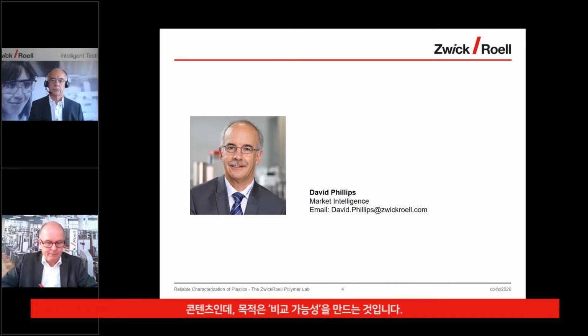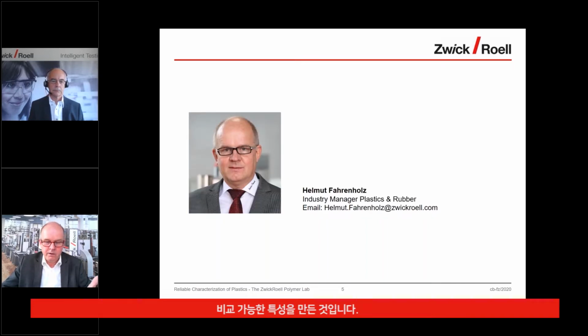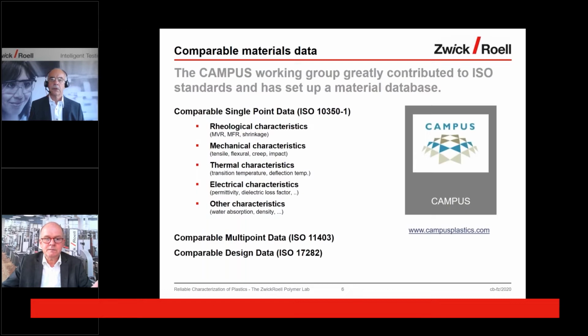So it means this is comparable characteristic based on the same methods, based on the same specimen production parameters, and the same environmental conditions. Okay. So here I have a little slide for it, just to show, and you also have an internet address where you can get more information about Campus Plastics.